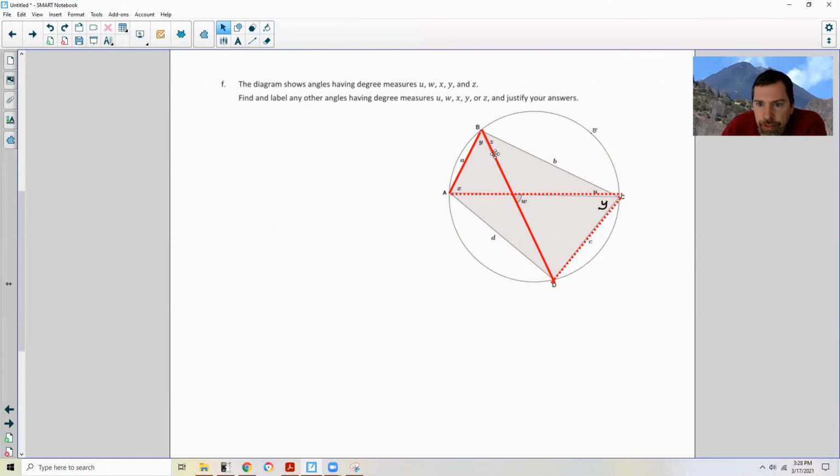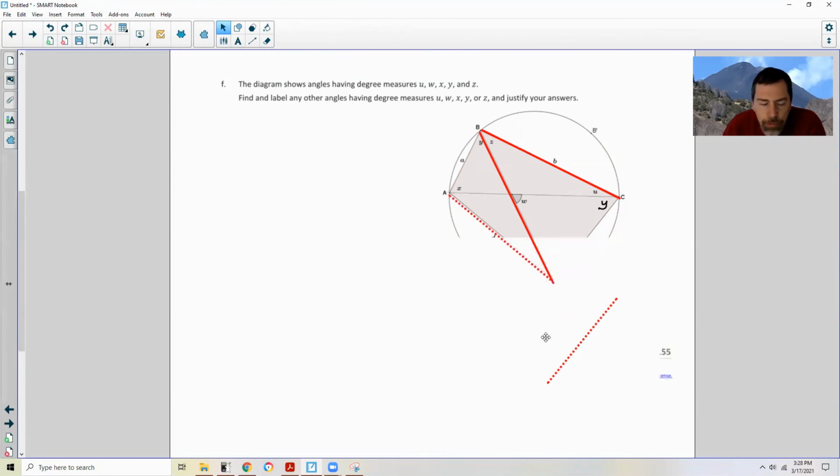All right, and then if I focus on Z this time, let's see where Z goes. Z goes like this. So here's angle Z intercepting arc CD. What other angle intercepts arc CD? Well, here it is.